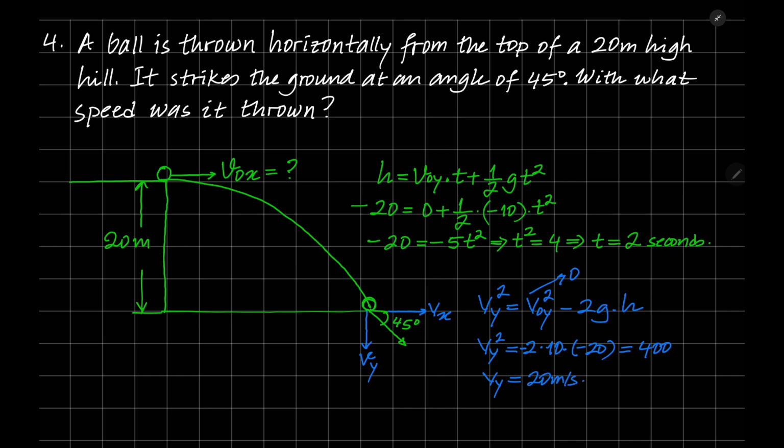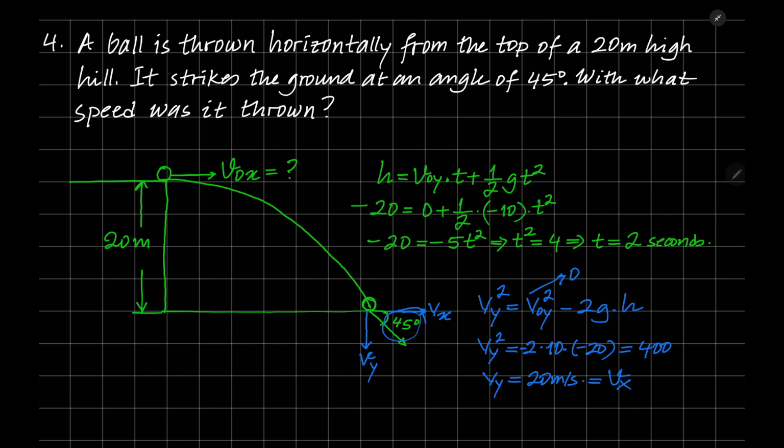Since the angle is 45 degrees, the horizontal component of the velocity is equal to the vertical component of the velocity. And we know that the horizontal component of velocity is always constant.